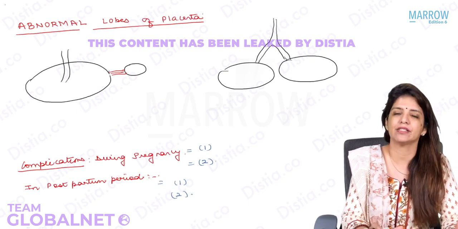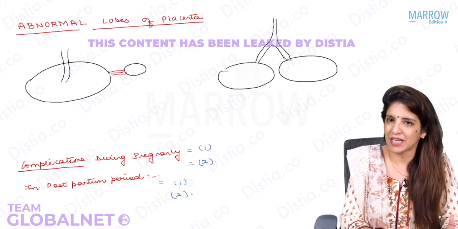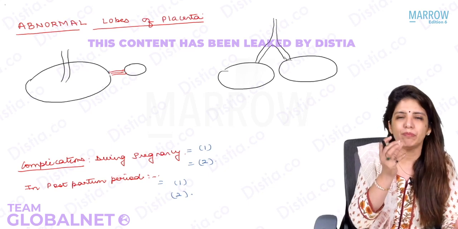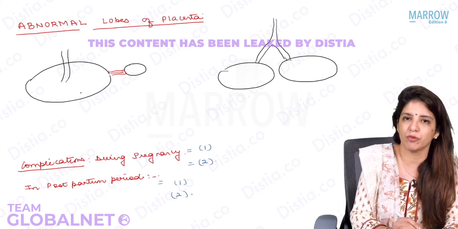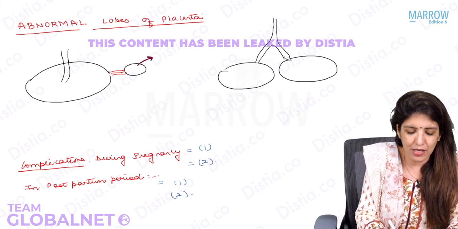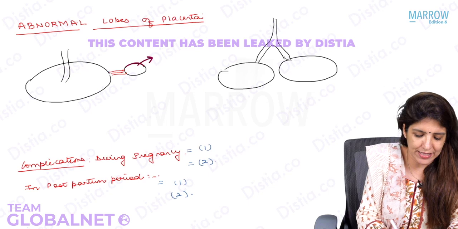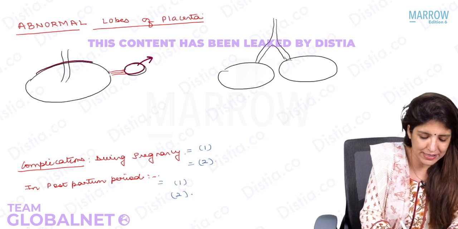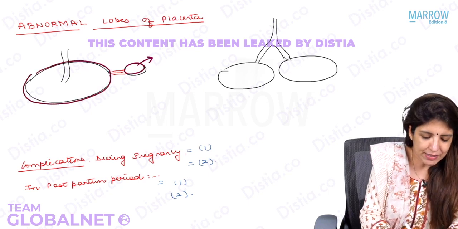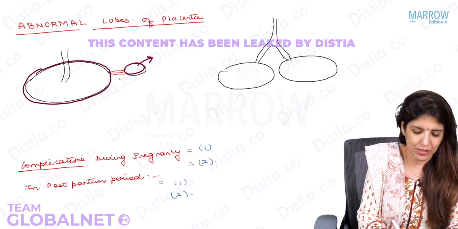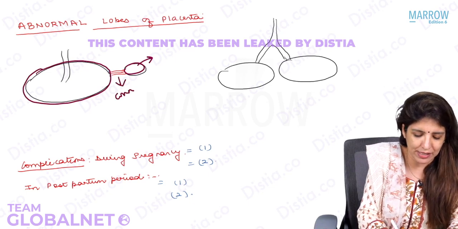So what can happen is there are certain placentas in which a small part of the placenta separates from the main part. So over here you can see a small part of the placenta has separated from the main placenta, but it is connected to it with the help of blood vessels. So connecting blood vessels are still present, right?